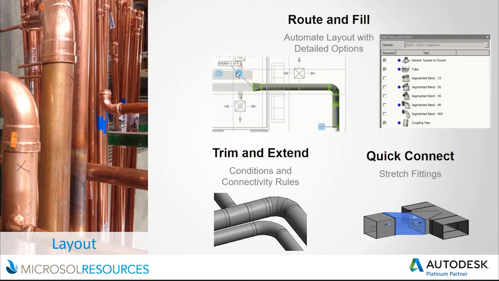It'll automatically do rises and drops and things like that. Well, those kinds of features now extend over to the fabrication side, so we can use more or less common tools for more complex fabrication layouts. We also have a new tool for quick connecting and stretching fittings from one endpoint to another. It's making your layouts much easier, much faster.